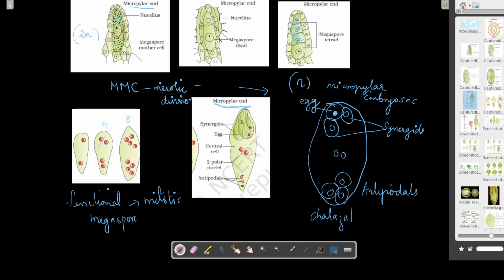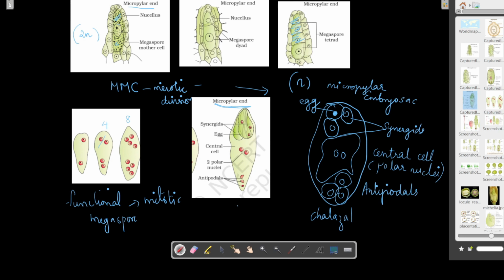And what happens to the nuclei at the center? Both nuclei at the center will form a central cell with 2 nuclei in it, and those 2 nuclei are called polar nuclei. They remain as 2 different nuclei.